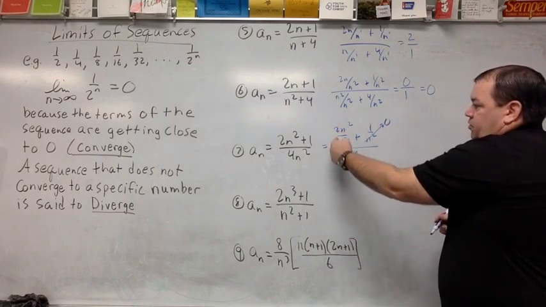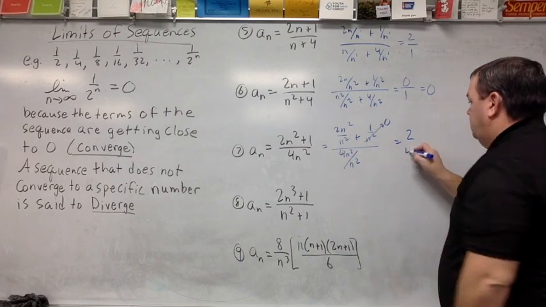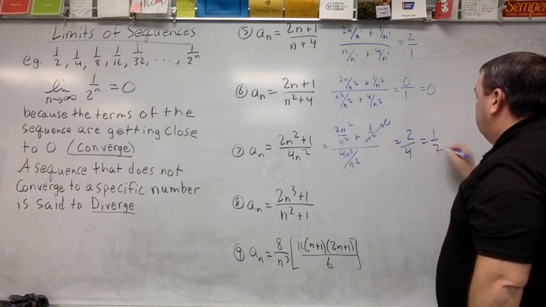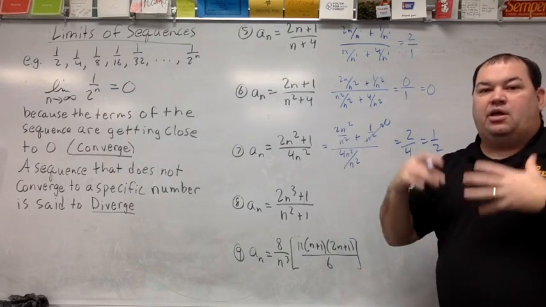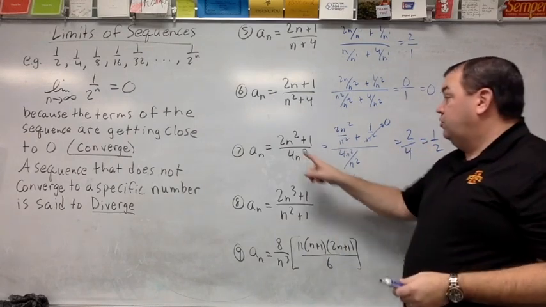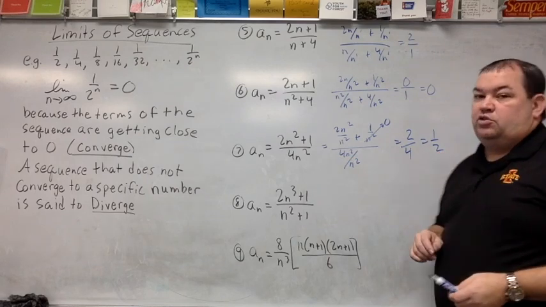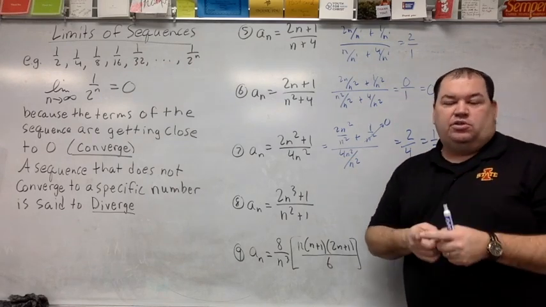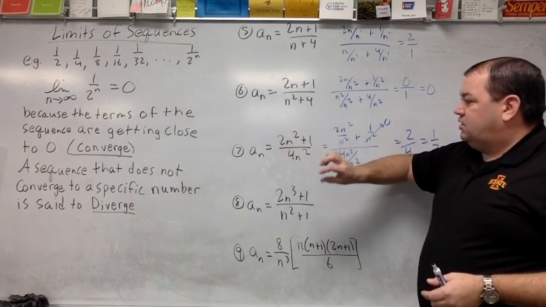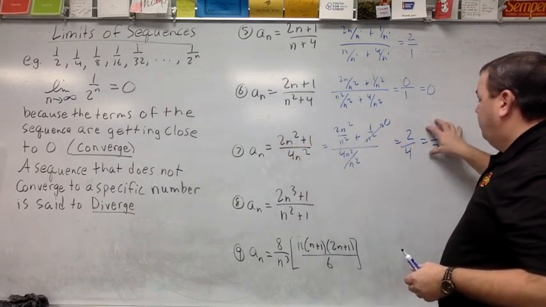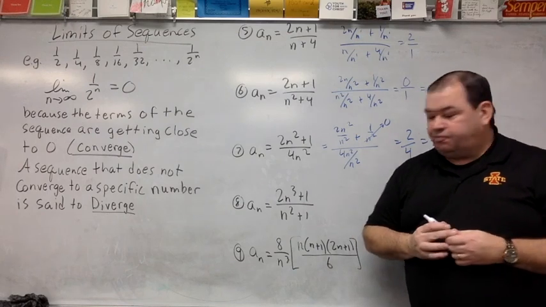But if I can simplify, this is 1/2, so that means as I plug in bigger and bigger numbers, this sequence is going to get closer and closer to 1/2. I could still do this graphically, I could still do this numerically, but as the numbers get bigger, I'm going to get closer and closer to 1/2 for my answer.